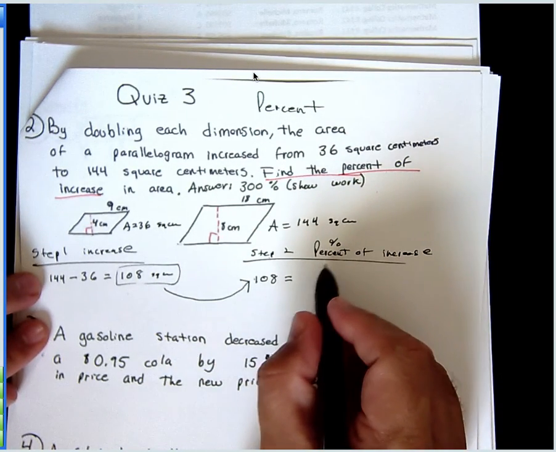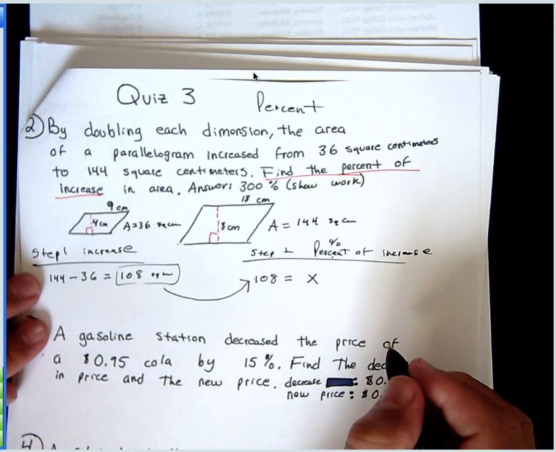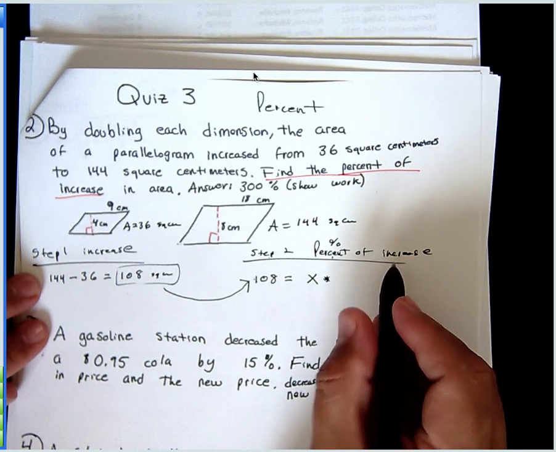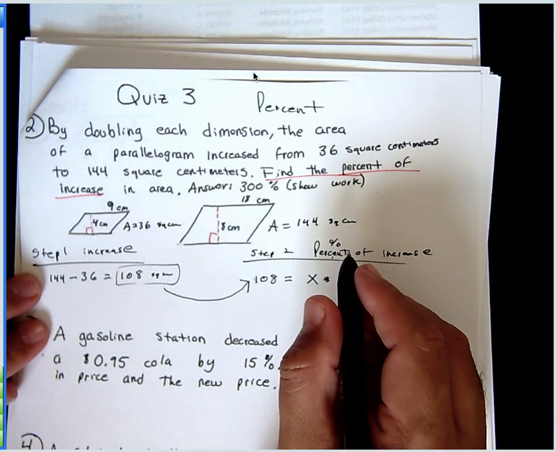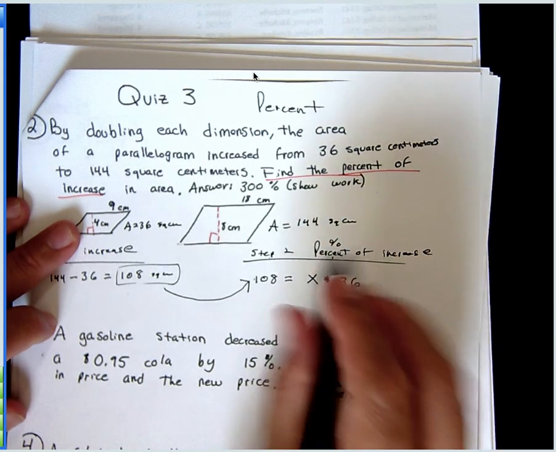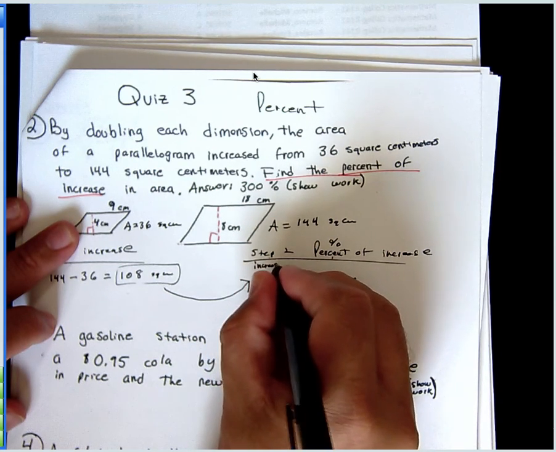And it's equal to what? The percent. I'm gonna put an X because we don't know the percent, times the original area, which is 36.